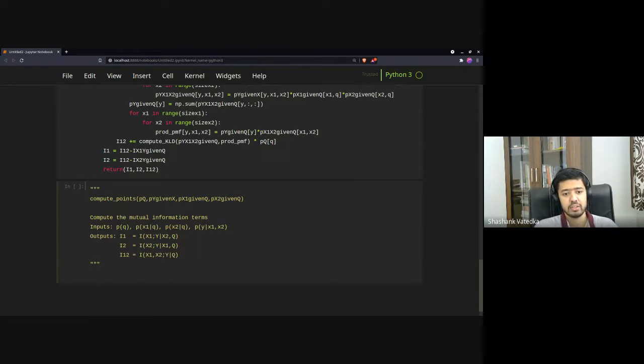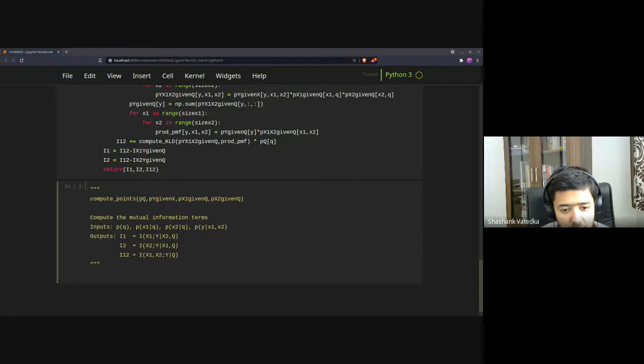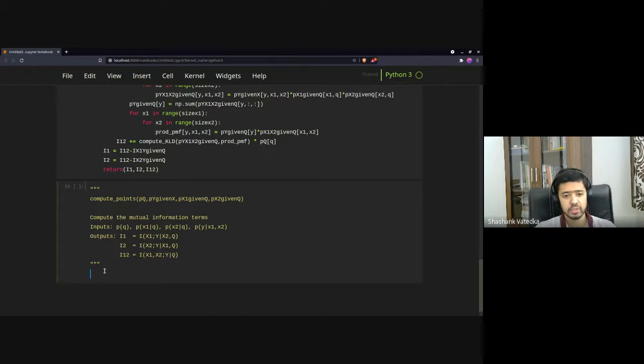All right, so let's fix some particular channel and then try to evaluate what this turns out to be. For that, I need one particular channel. I'll assume that the alphabet for everything is binary.